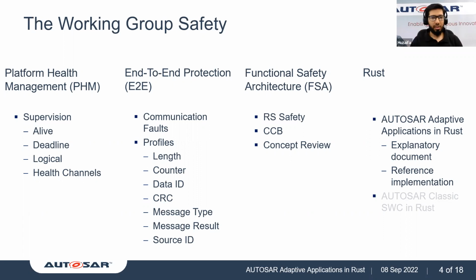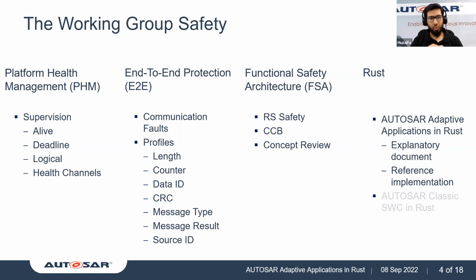These profiles are a combination of the parameters that you see here, majorly a combination of length, counter, data ID, and CRC. The last three mentioned here are more relevant to methods, some IP methods: message type, message result, and source ID. A combination of these parameters makes a profile, and these profiles can be integrated by the OEMs in their projects. So that's the second subgroup.